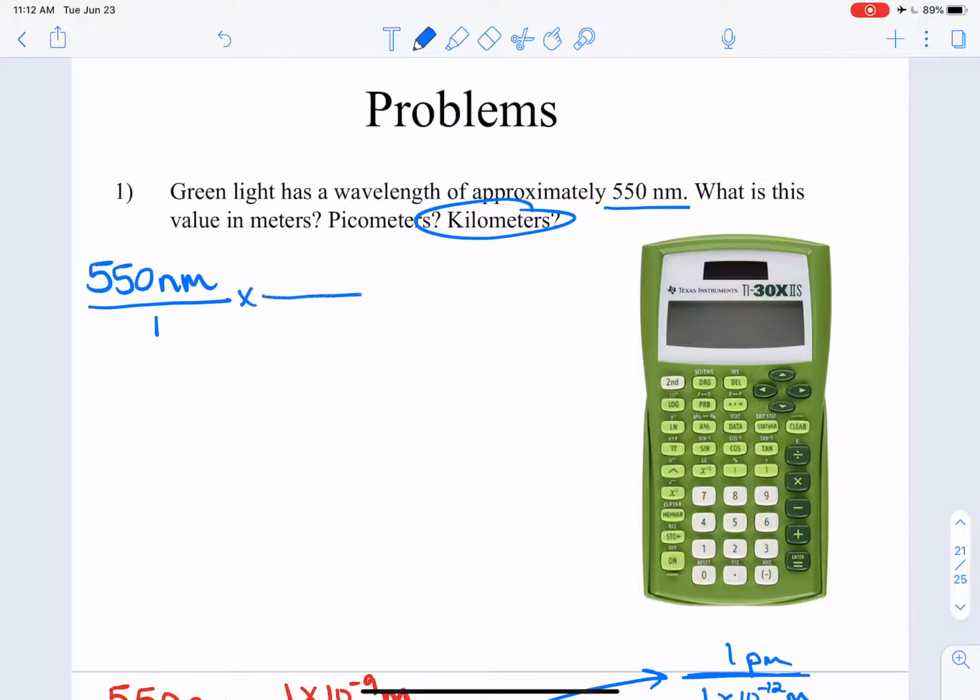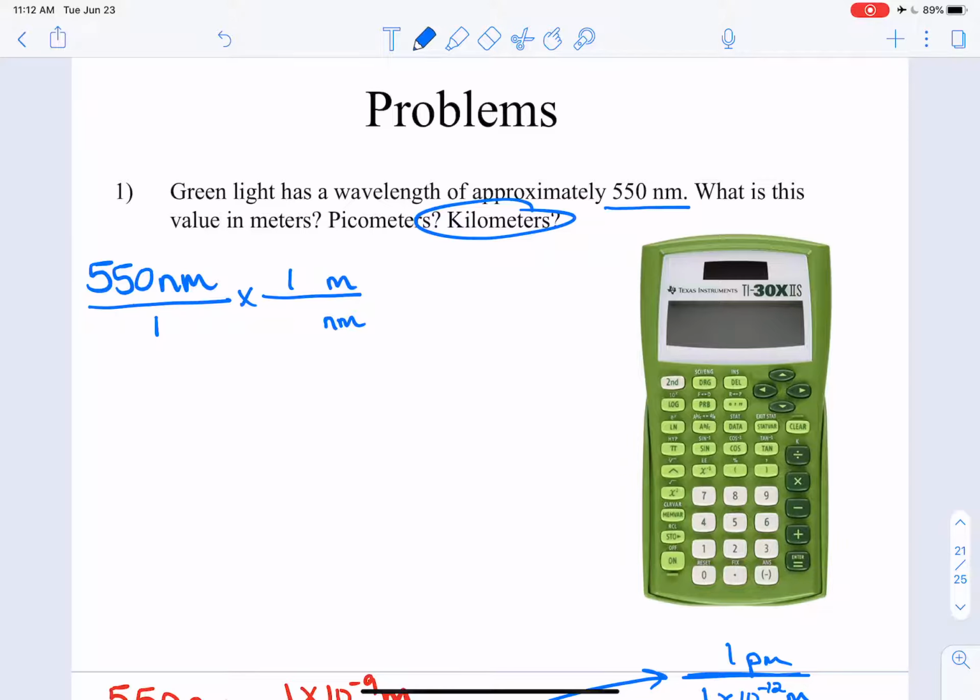And we need to get rid of nanometers and go to kilometers, but most of us don't know how to go from nanometers to kilometers directly, so we're going to need to go through our base unit, meters. So we're going to want to put nanometers on the bottom here in order to get rid of it, and meters on the top because that's where we're going. Now, who's the bigger unit, meters or nanometers? Meters. Meters is the bigger unit.